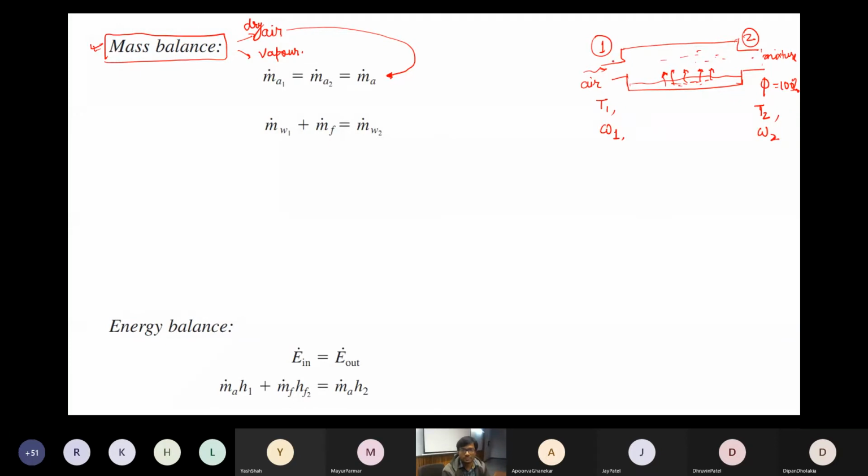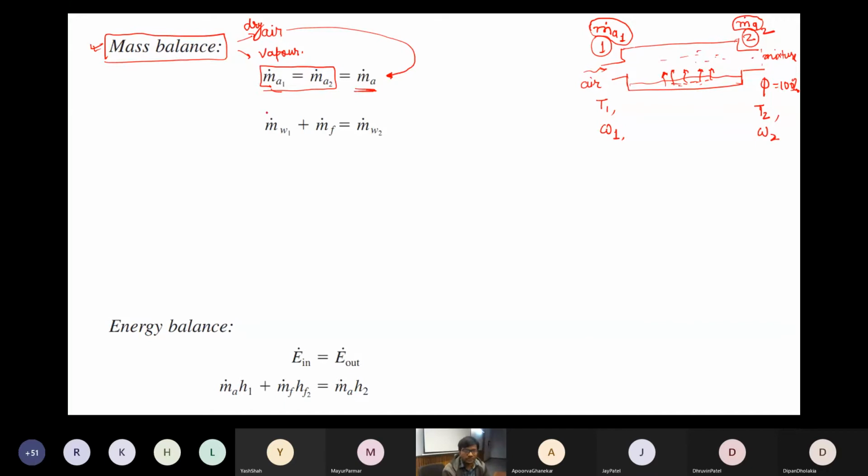So let's suppose I have m dot a1, the mass flow rate of dry air, was m dot a1 here, and nothing has been mixed. No dry air has been mixed in between. So whatever the mass that is coming out will be the dry air mass at 2. So this is what it is written. The mass balance of dry air is kept constant, which you call m dot a, same m dot a.